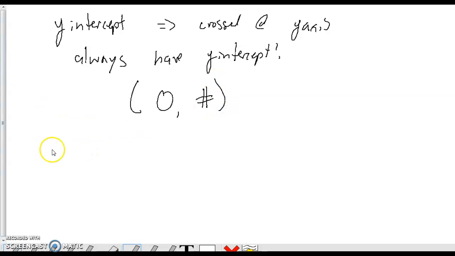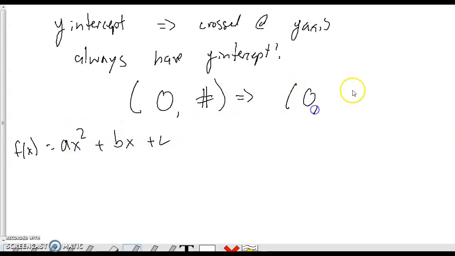And if we remember our general formula, ax squared plus bx plus c, equal to f of x, that means I plug a 0 in, this will go away, this will go away. So technically, this is always your c, right? So whatever value is your constant will also be your y-intercept. Okay?